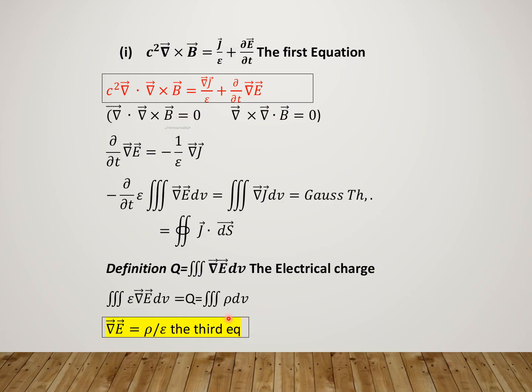Therefore, we have a third equation, del dot E equals rho over epsilon.